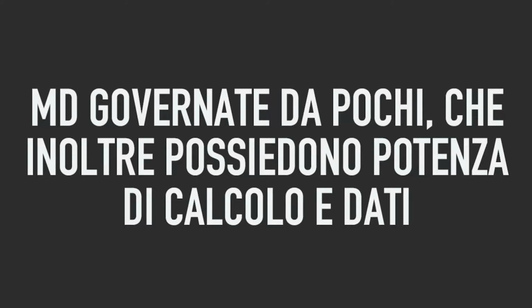They can include or exclude us, and digital machines finally are governed by a few, and these few also possess the computing power. We also have computing power, in a smartphone and even a computer, but it's very low compared to other computing powers that are held by governments.